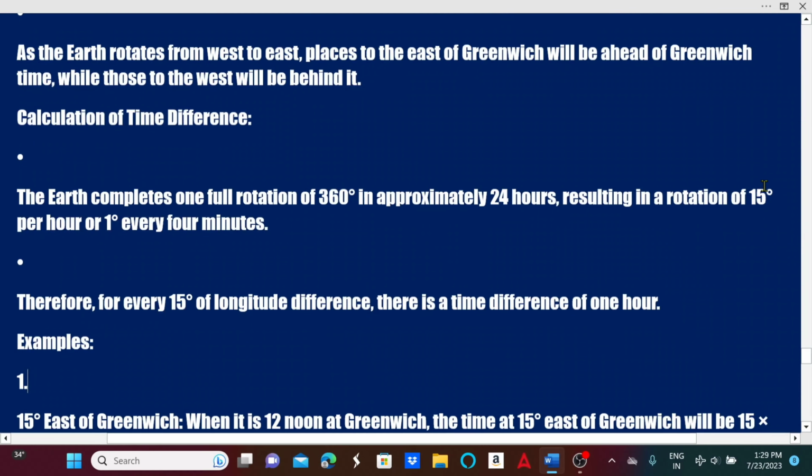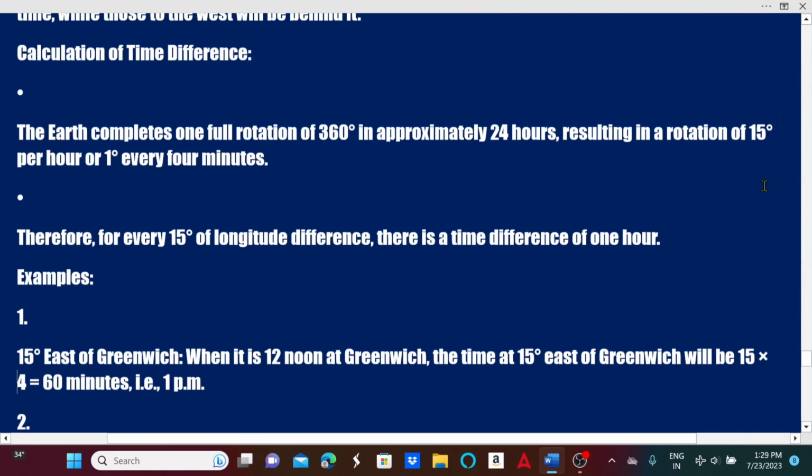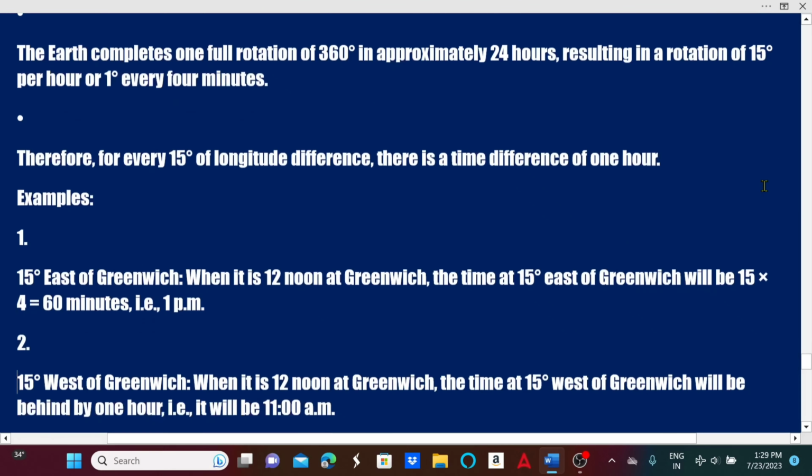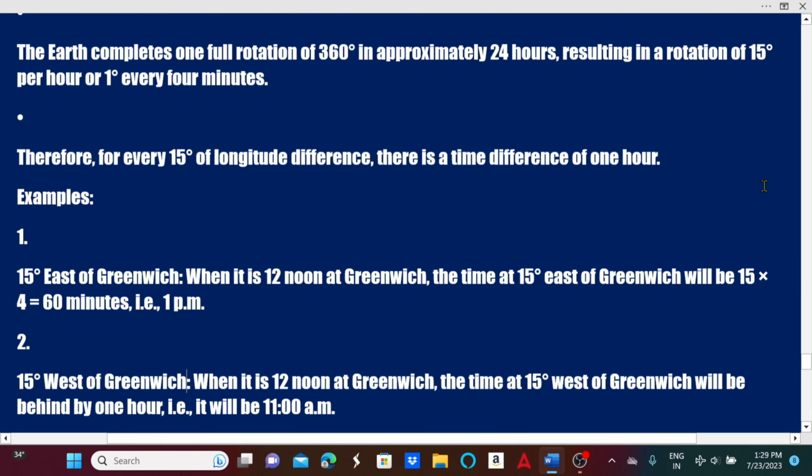एग्जाम्पल्स. 1. 15 degrees east of Greenwich. When it is 12 noon at Greenwich, the time at 15 degrees east of Greenwich will be 15 times 4 is equal to 60 minutes, so 1 p.m. 2. 15 degrees west of Greenwich.